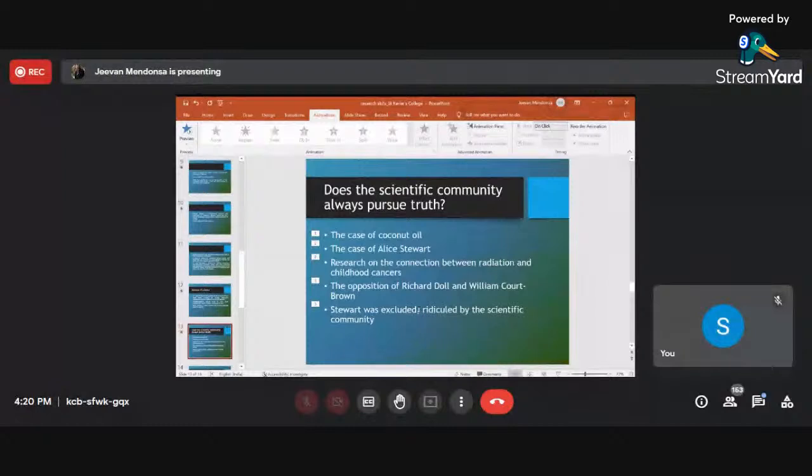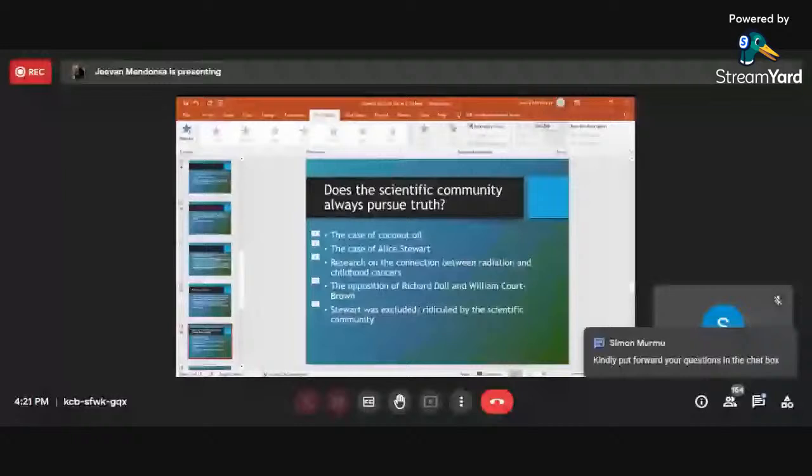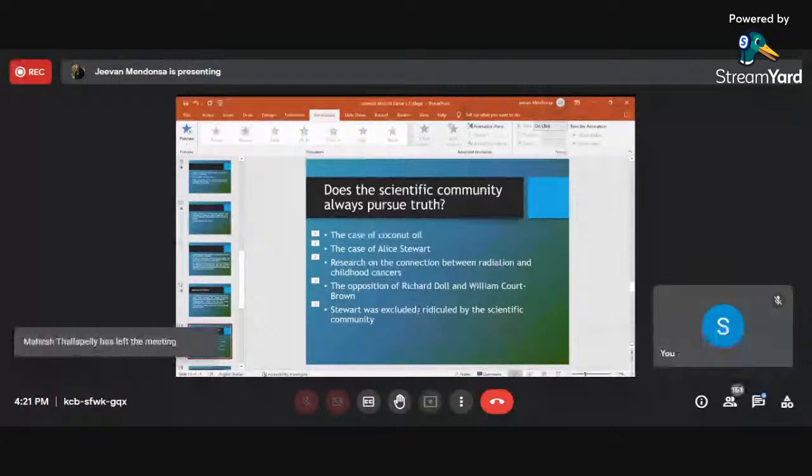her. And Richard Doll was a distinguished authority in cancer at that time. So whatever he said, unfortunately, was considered to be the truth. And therefore, Stewart, this remarkable woman, was excluded and ridiculed and put down by the scientific community. Mind you, this happened for 20 to 25 years, not for 3 or 4 years. This happened for 20 to 25 years.